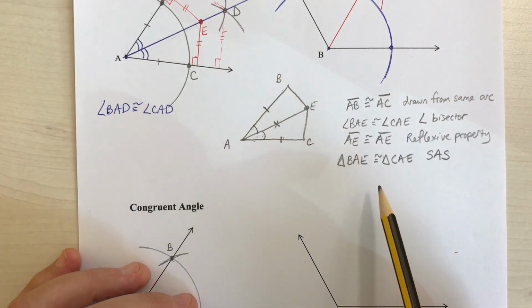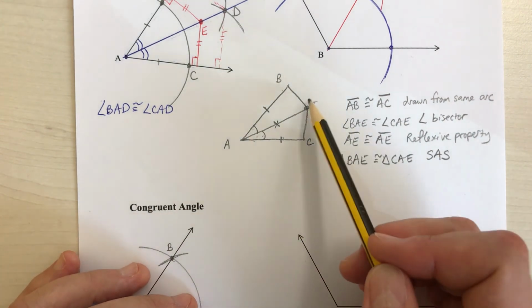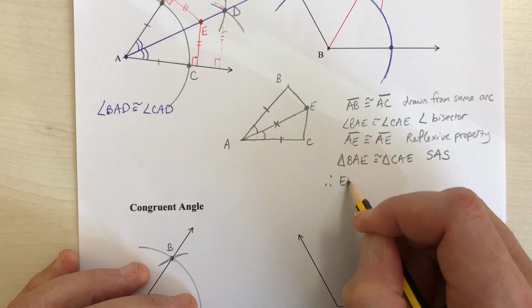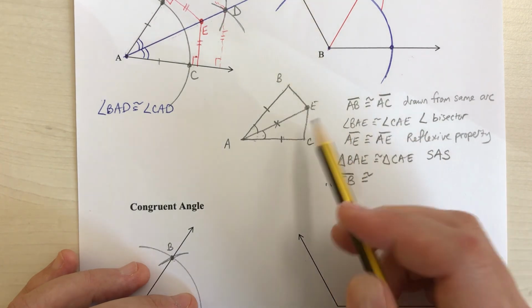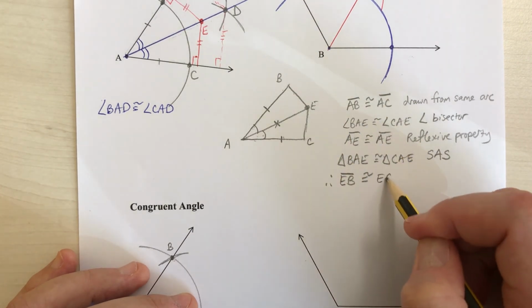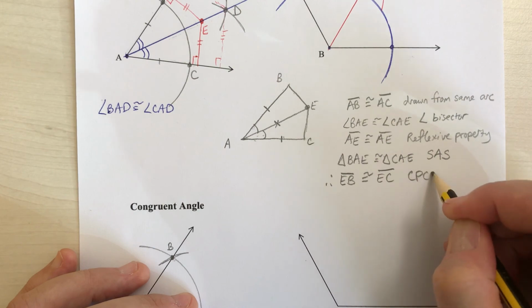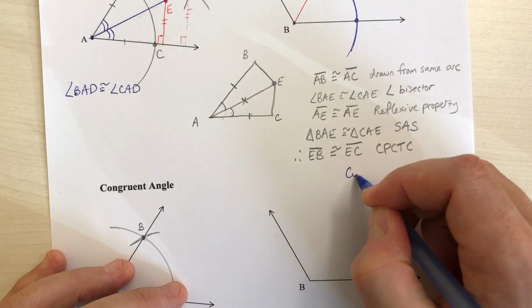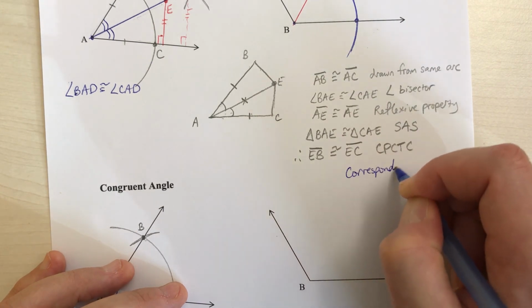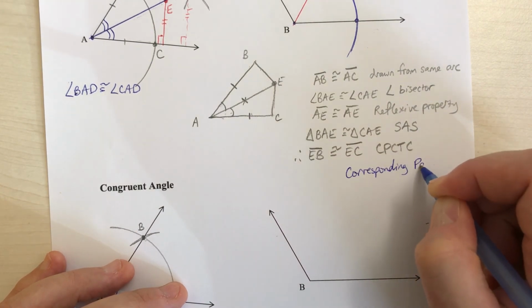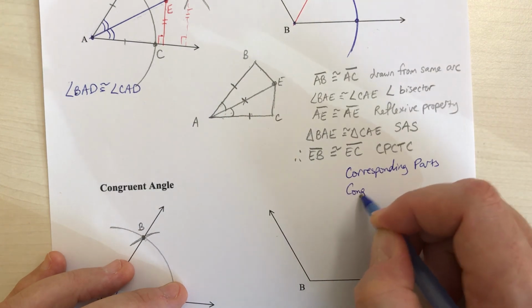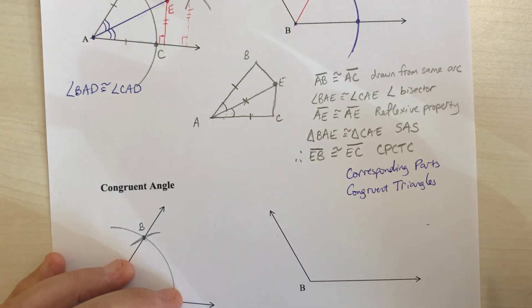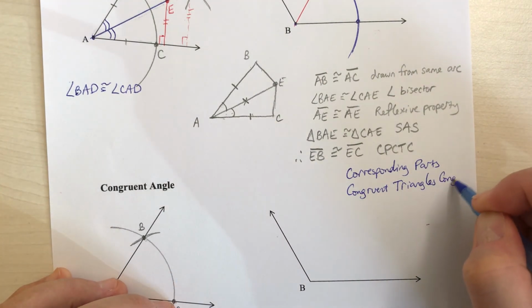Therefore, and this is the last thing here, the distance from E to B, segment EB, has to be congruent to segment EC, and the reason is CPCTC. I didn't write it down before, but what that stands for is corresponding parts of congruent triangles are congruent.